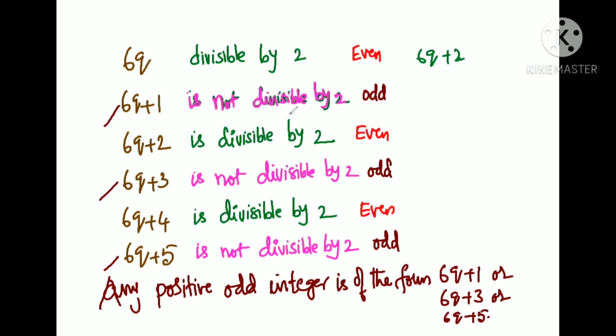We can also say that any positive even number is in the form of 6q and 6q plus 2 and 6q plus 4.